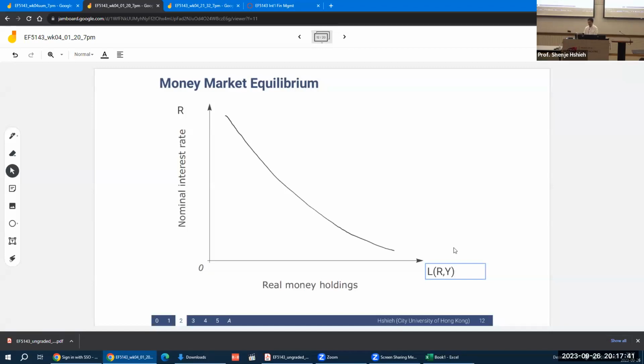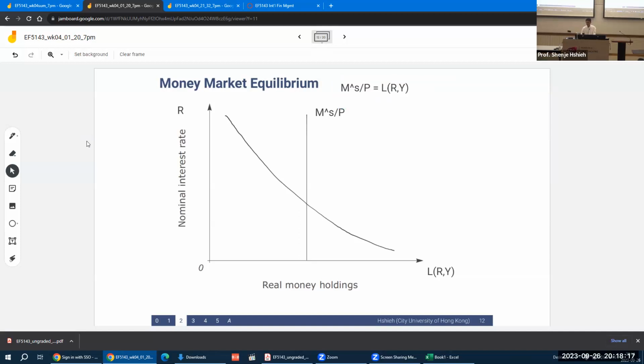Money supply, right? Supply, as I said, is just a fixed number. So what is a fixed number on a graph? It's just a straight line. And it's MS over P. The market clearing condition, as I said, is that real money supply equals real money demand.